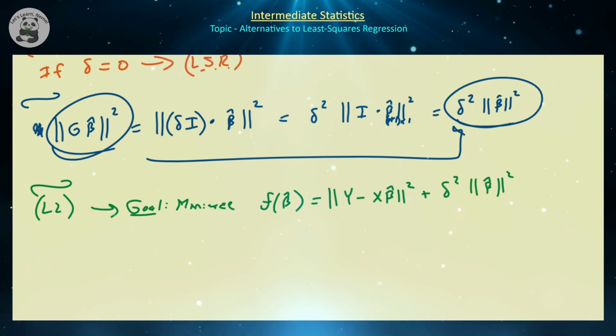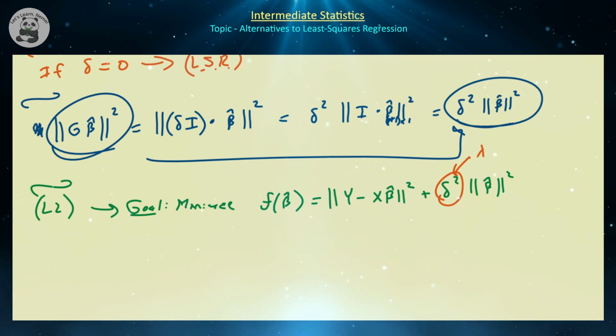And you may see some people represent this as just lambda, for short, because delta squared is just a constant, and that's perfectly fine. But I choose delta because that's associated to the generalized Tikhonov matrix that one could choose, so that's why I use delta squared instead of lambda in this derivation.